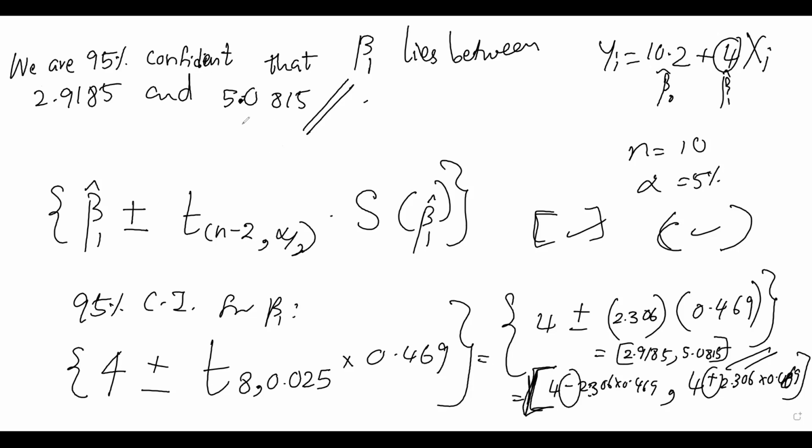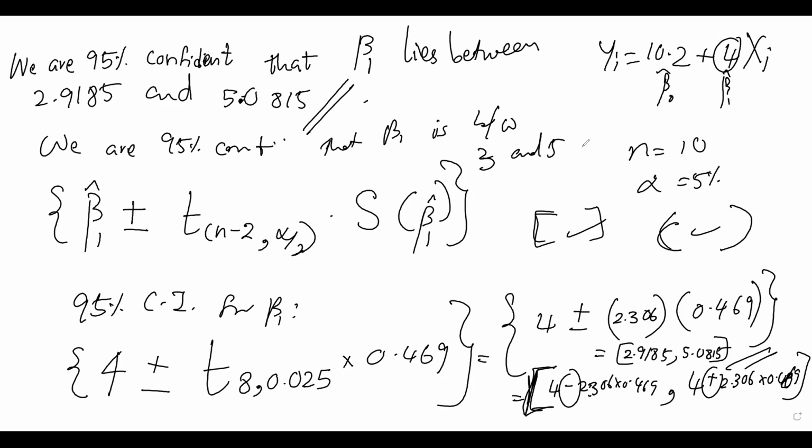Okay, so let's say you have the confidence interval like this, but when you are interpreting, you don't want to have all these decimal places included. You can simply say this is acceptable, right? First, you have to show the confidence interval in real terms. You can simply say 95% confident that beta 1 is between, so you can say 3 and 5 approximately.